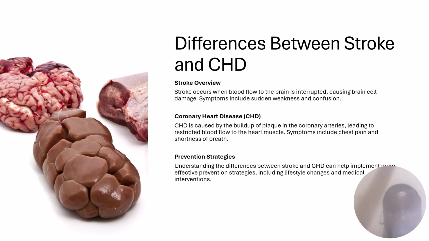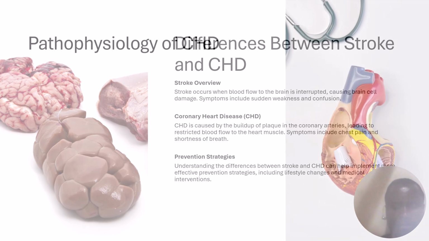So the interventions related to how we prevent stroke and how we prevent coronary heart disease will be slightly different. Understanding these differences can help to implement more effective preventive measures so that we target issues relating to lifestyle changes and also medication interventions.